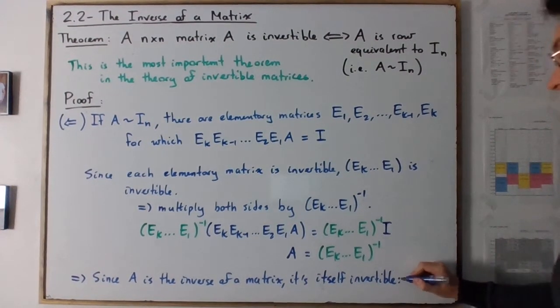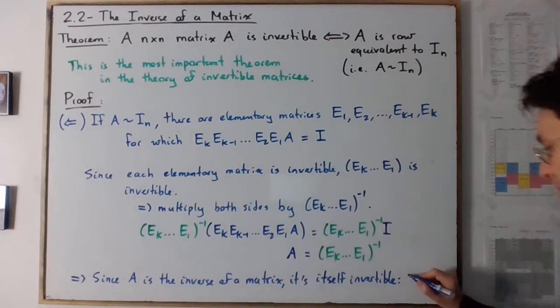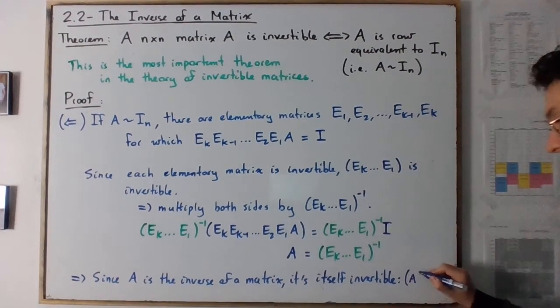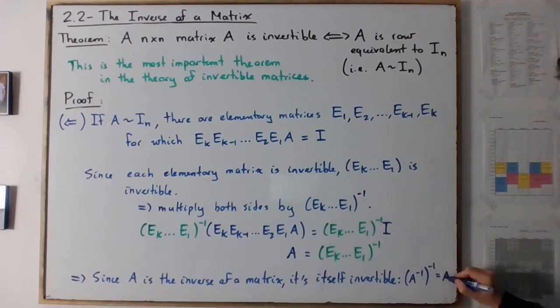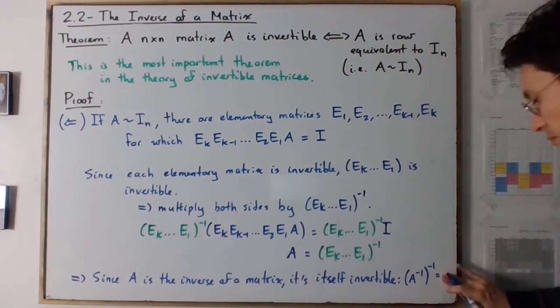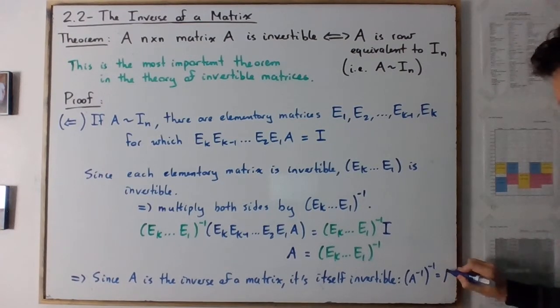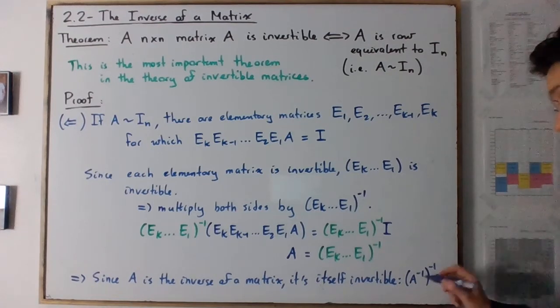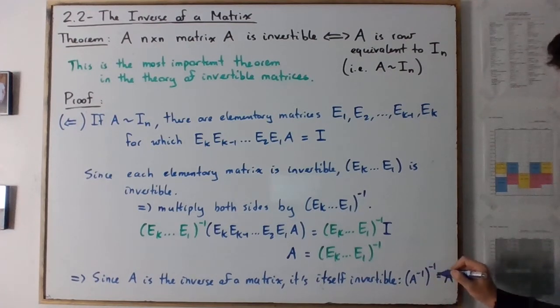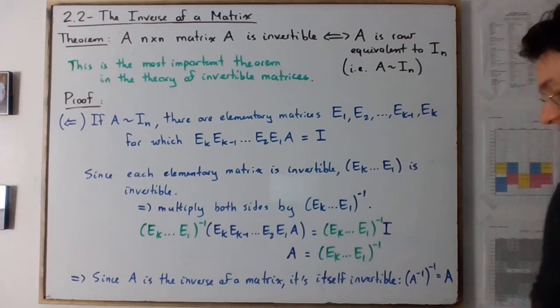And this follows from the rule that (A^-1)^-1 is equal to A. So if you can write A as the inverse of a matrix, then A automatically is itself invertible.